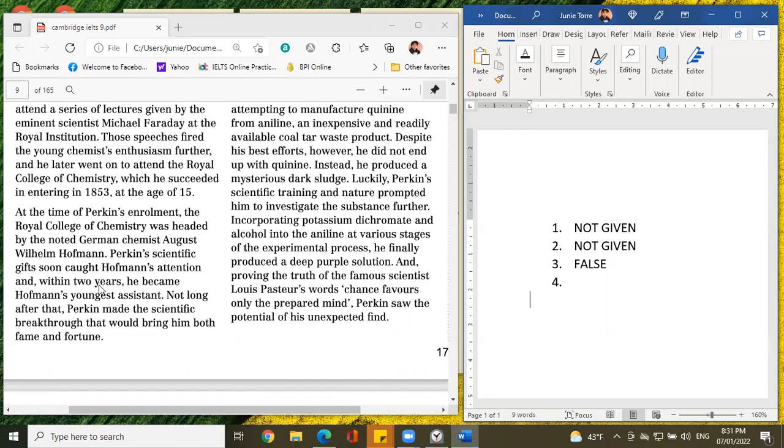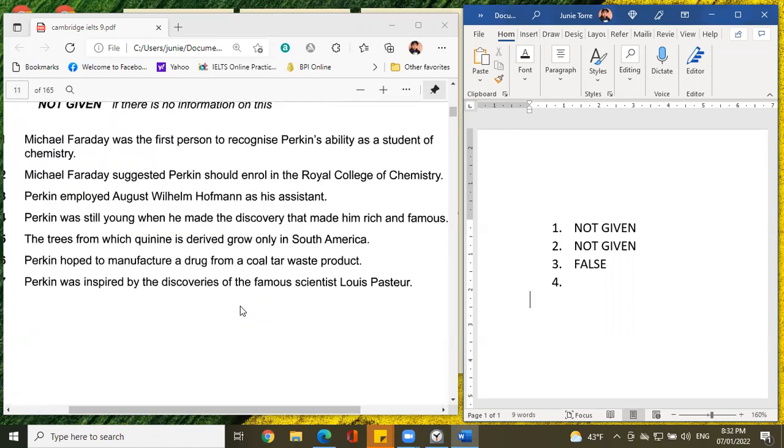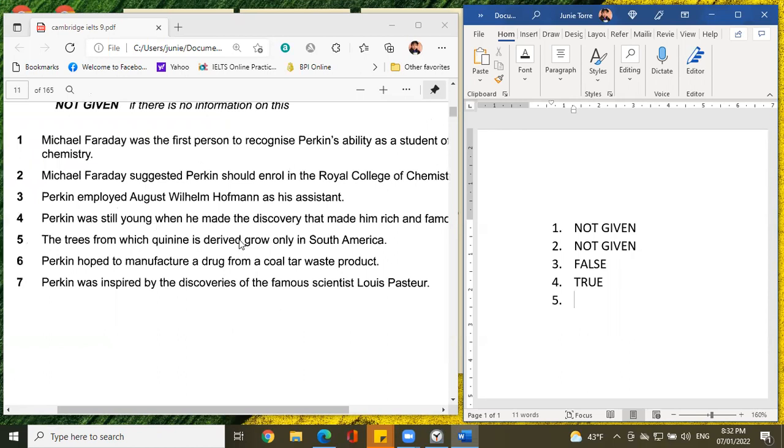And then within 2 years, he became an assistant, so 17. Not long after that, Perkin made the scientific breakthrough. So he was still young. So that's a true.